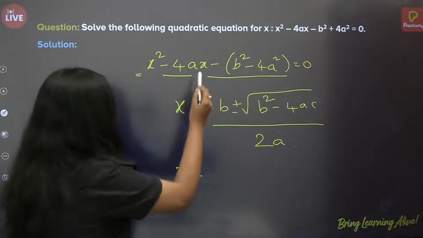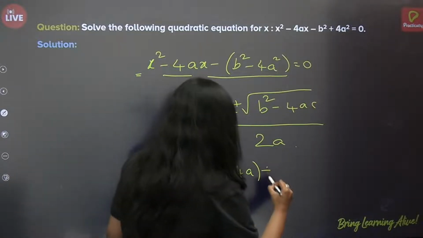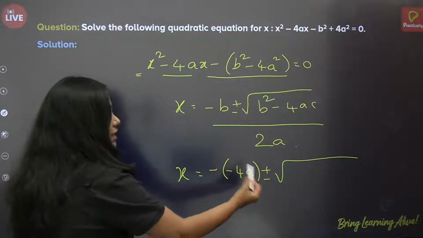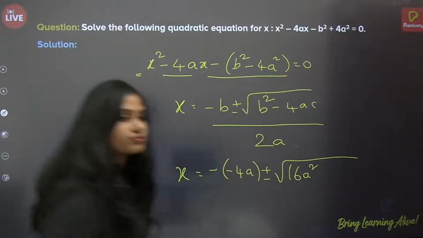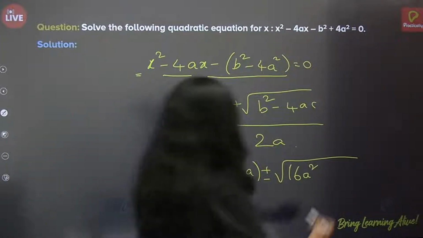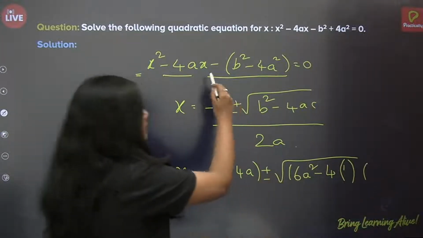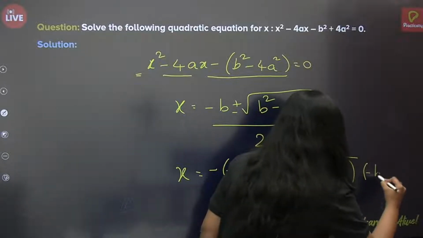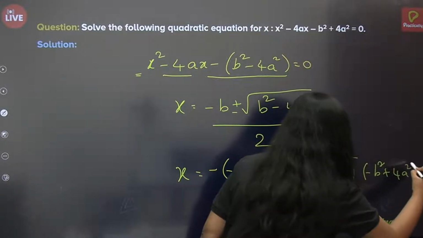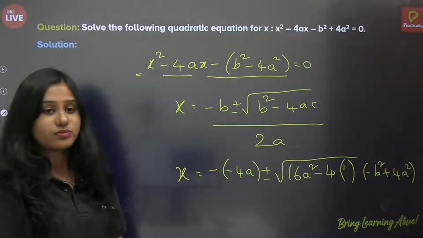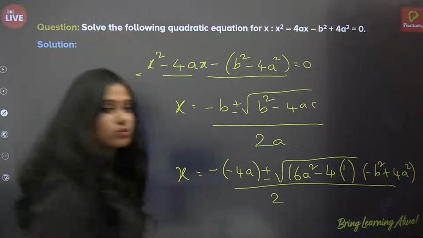x equals minus of minus 4a, plus or minus under root b square minus 4a whole square, 16a square. Next, minus 4ac, minus 4 of, what is a? 1. What is c? Minus b square minus 4a square, that is minus b square plus 4a square. Then by 2a, so 2 into 1, that is 2.